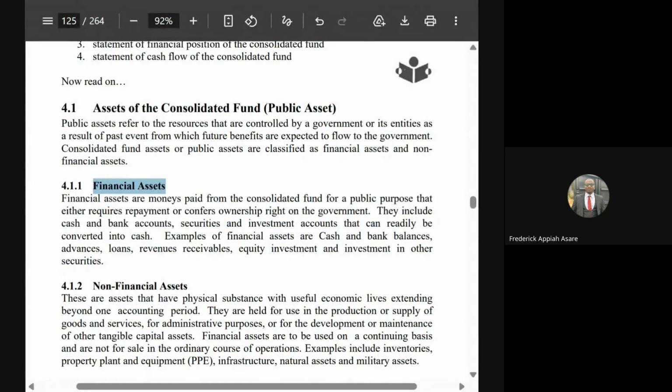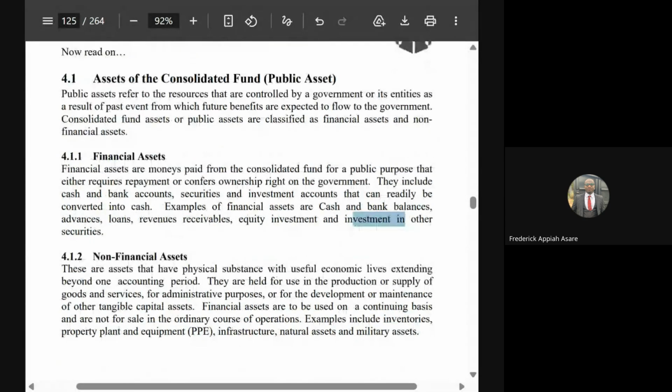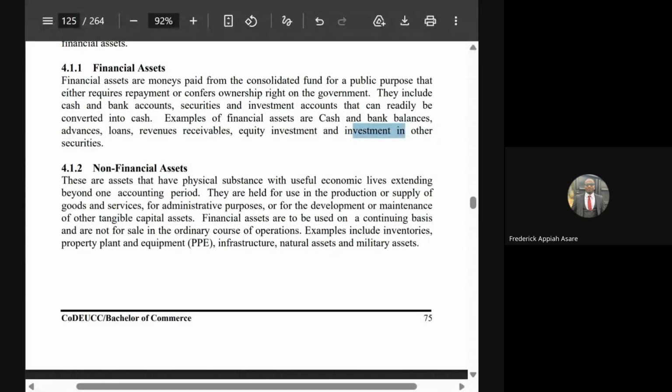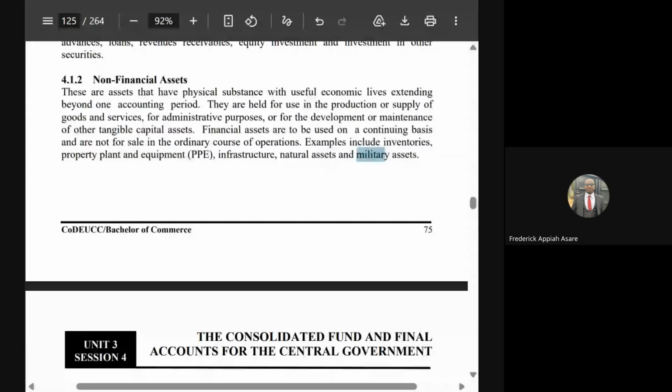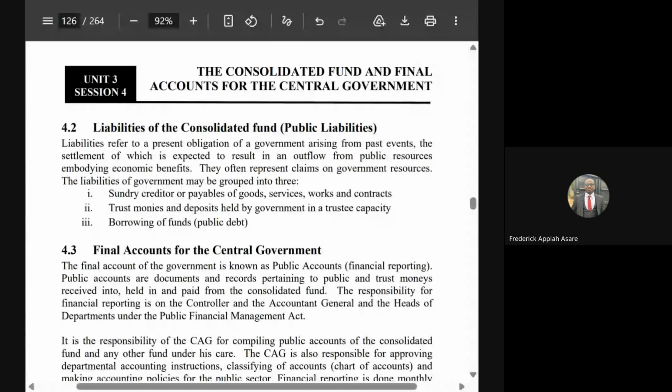And under the financial assets, we have cash and bank balances, we have advances, we have loans, we have receivables, we have equity investment, we have investment in other securities. Non-financial assets refers to the PPEs that you know from IFRS. We have the infrastructure, natural assets, and the military assets. Then we have liabilities of the consolidated fund. We have the sundry creditors, payables, trust monies or deposits, and we have borrowing funds.